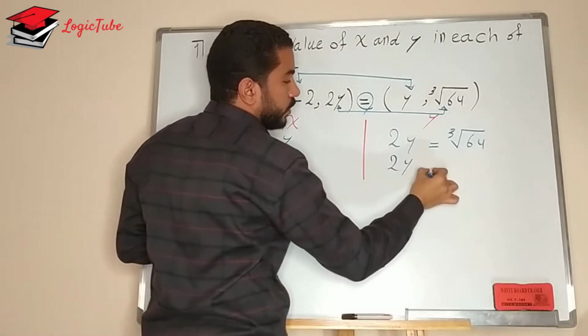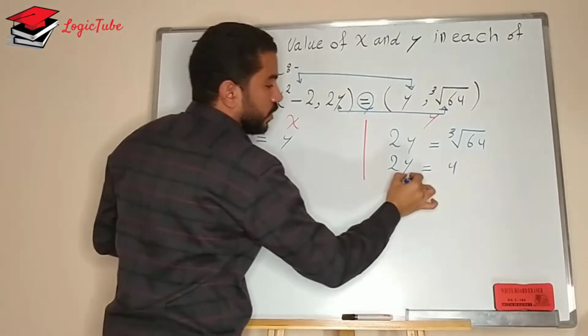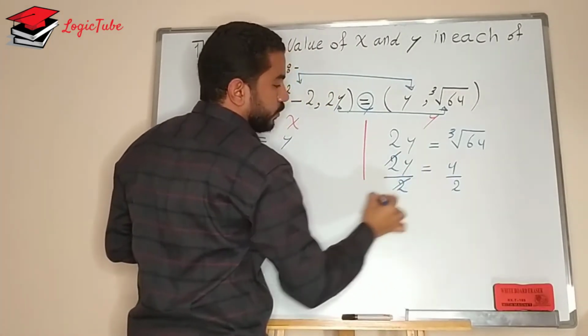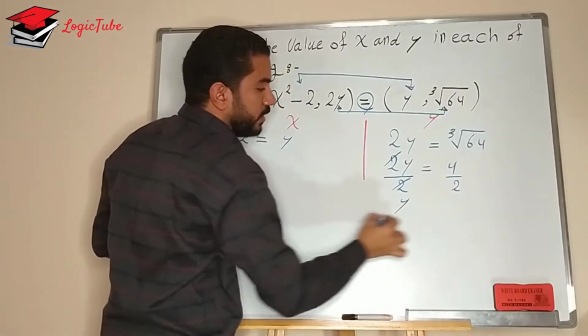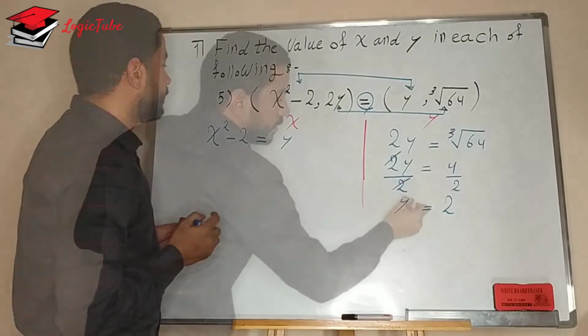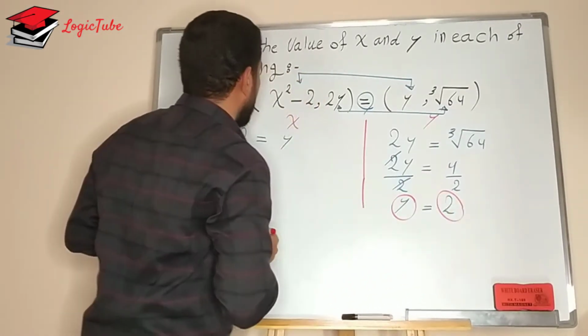So 2y equals 4. I'll divide both sides by 2. We'll cancel 2 by 2. The remainder is y equals 4 over 2, which is 2. Yeah, that's right. The value of y equals 2.